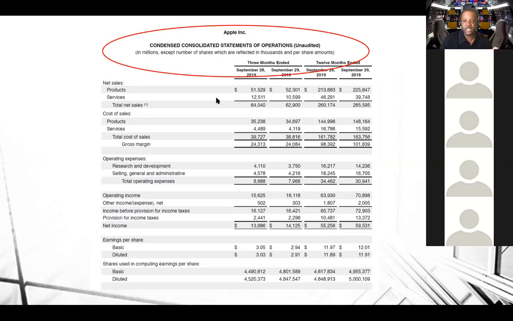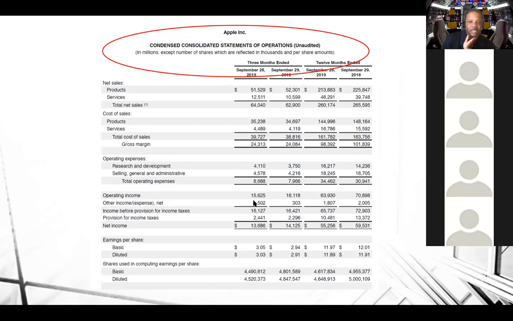And then you can see here those 5 components you're going to find on an income statement. Revenue, what they call net sales, minus cost of sales is their gross margin. And then you've got their operating expenses. So gross margin minus your operating expenses gets you to operating income. Then there are non-operating gains and losses, and they don't show those separately, they just take all the gains number.